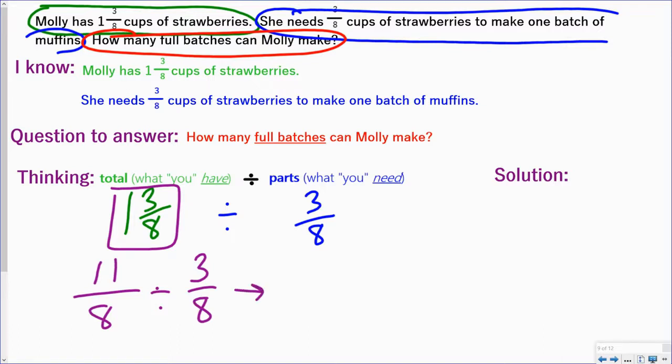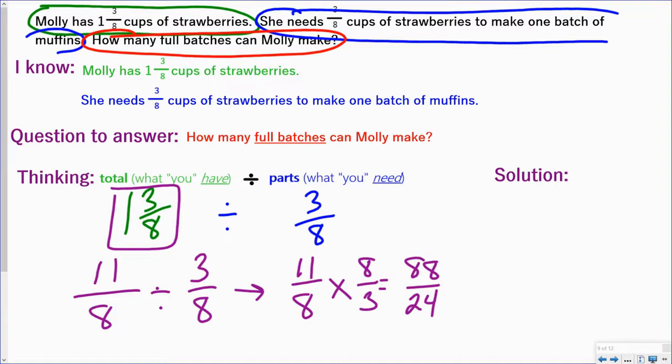And remember to divide, we're going to take 11/8 and change this to multiplication, and then we're going to use the reciprocal of 3/8, which is flipping it over and making it 8/3. And when I do that, that gets me an amount of 88 over 24.